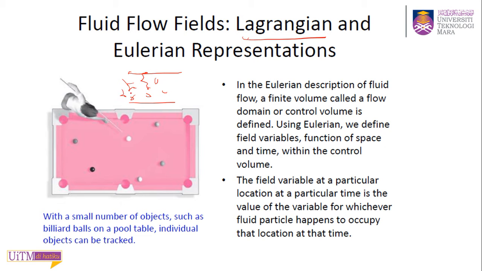So you cannot see any individual molecule of the water, of the fluid, whether it collides with another molecule or not, it's very difficult. That's why commonly in fluid flow we use Eulerian, because we can define our finite volume, our finite space, and we measure inside this finite space or finite volume.